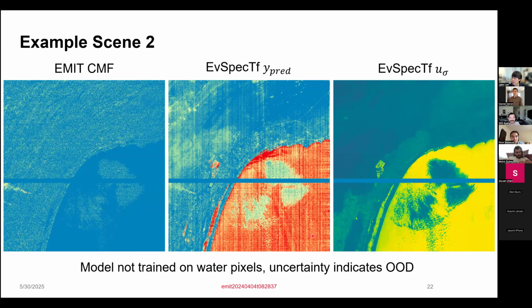One more example here, just to show what we could describe as a failure case, but it's really more of an out of distribution case. The plume in this case is on the left, just below this dropout row here. You can still see it in the deep learning retrieval.